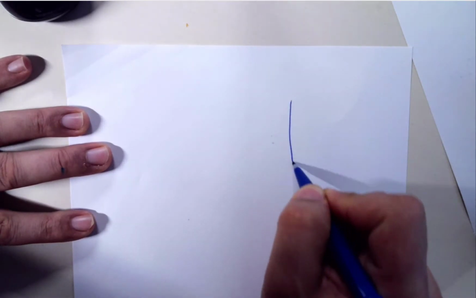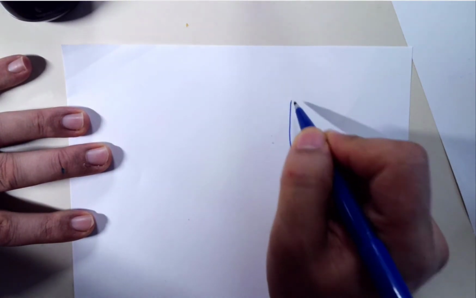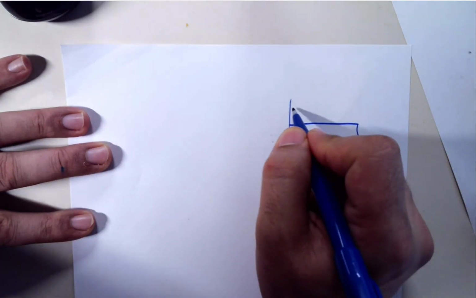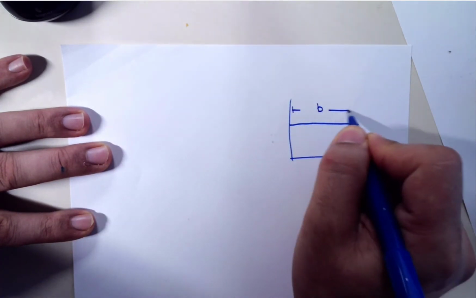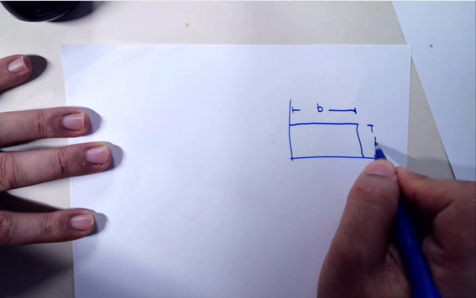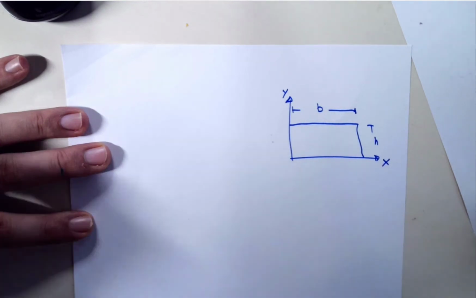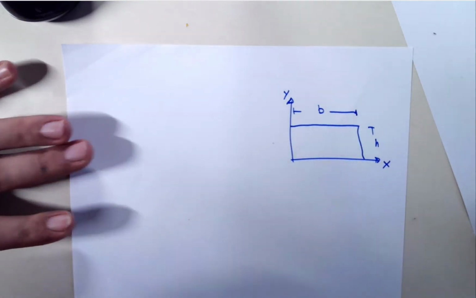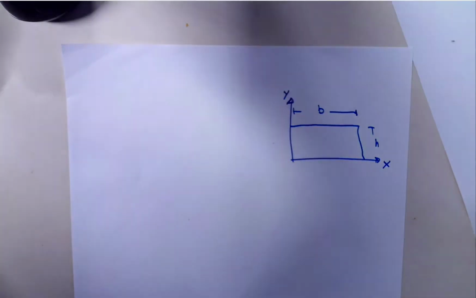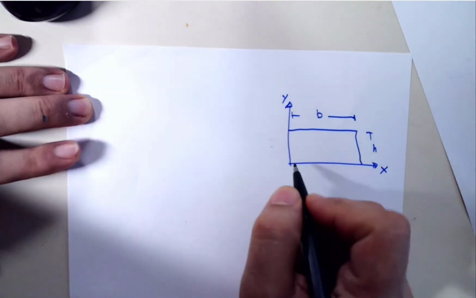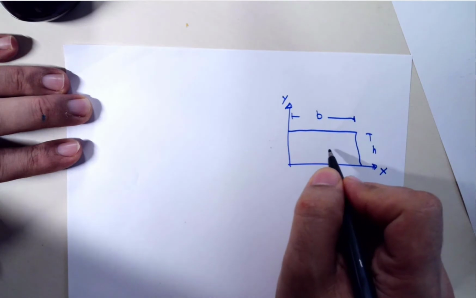Suppose I have a rectangle like that, which has a length B, height H, and this is my Y and this is my X, and I want to find the centroid, right? So by definition, we said the centroid can be calculated for a homogeneous material by locating its X bar and Y bar.